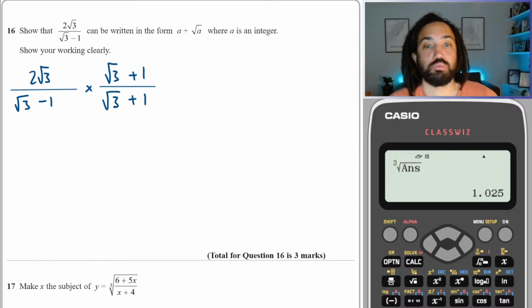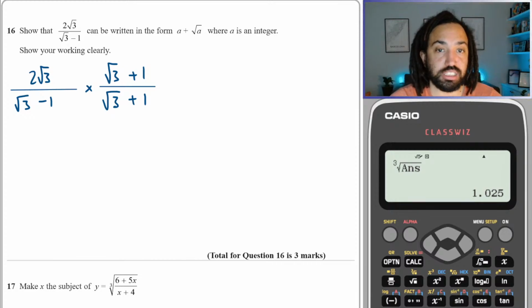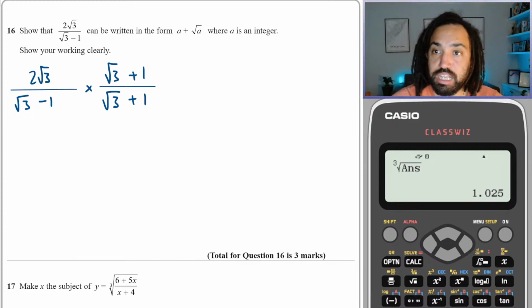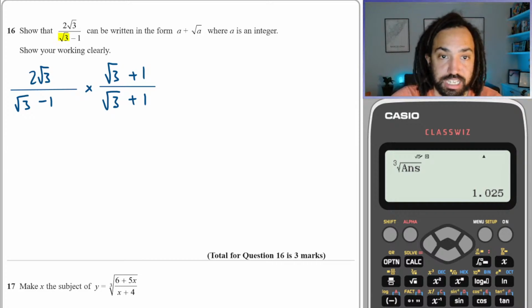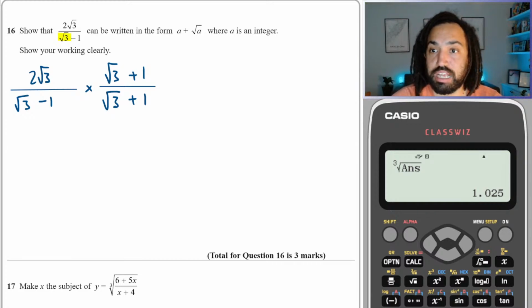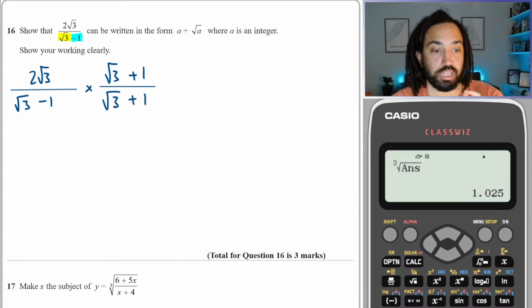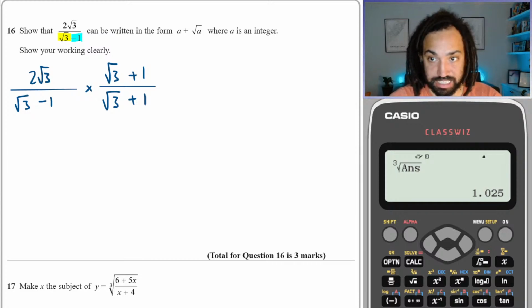Okay, what are we doing here? Well, to rationalise the denominator of a fraction that has a surd part and a rational part to it, you must multiply top and bottom by that same surd and that same rational, but with the sign changed.